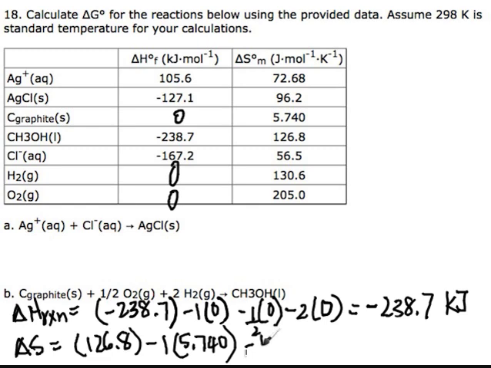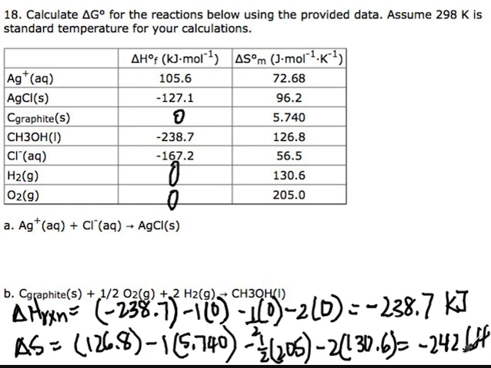And then we have minus 1/2 times 205. And then we're going to have minus 2 times 130. This equals minus 242.64 joules per Kelvin.